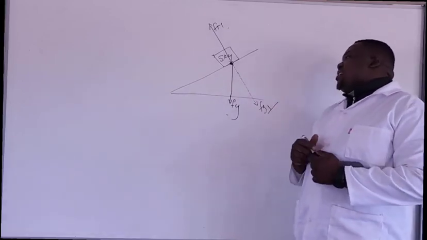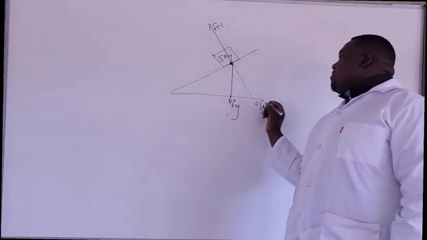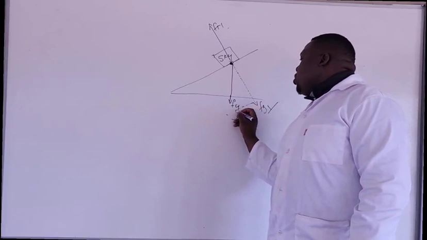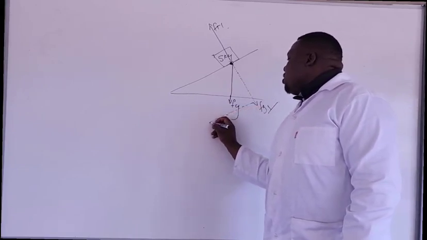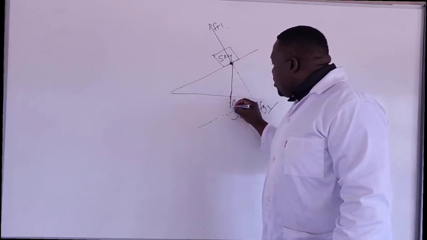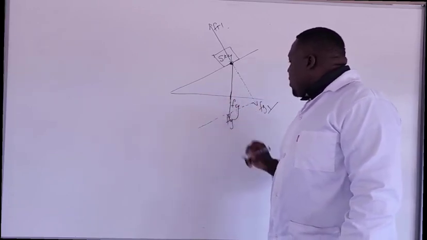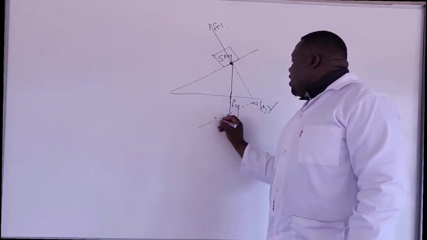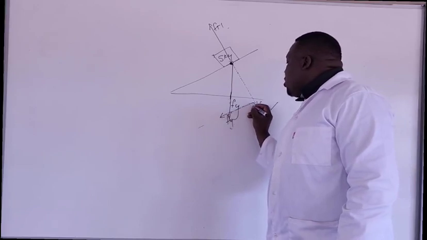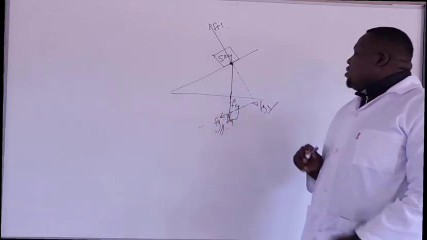Then we have another force which is called Fg parallel. Fg parallel will be parallel to the surface. This is Fg. So these are components. Fg will be pointing downwards. It is called Fg parallel.